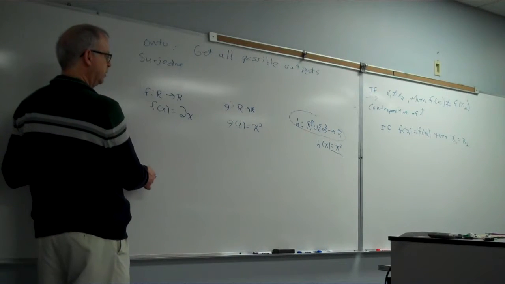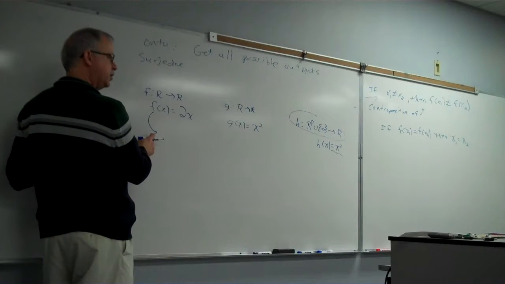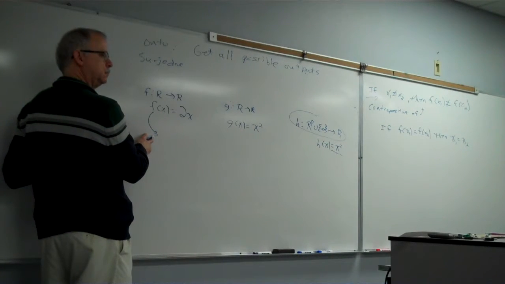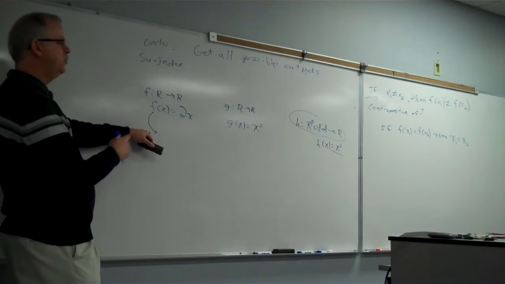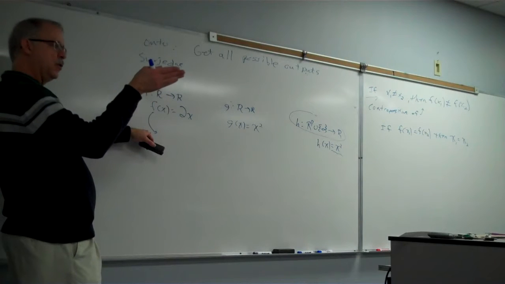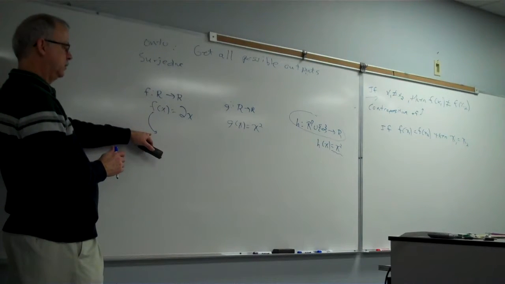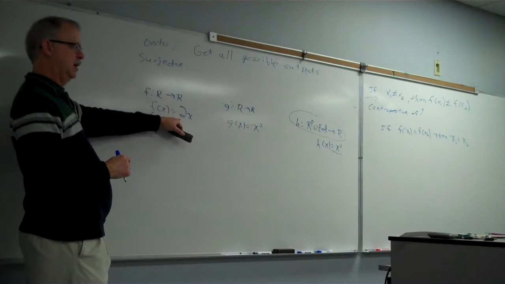So if we look at this function, what do you think? Is this function onto? No. So what output do you think we're missing? If we're going to say no, there's an output that we missed. Every odd output. Okay, so I can't get 3 out of this? Oh, no, you could, it's 1.5.